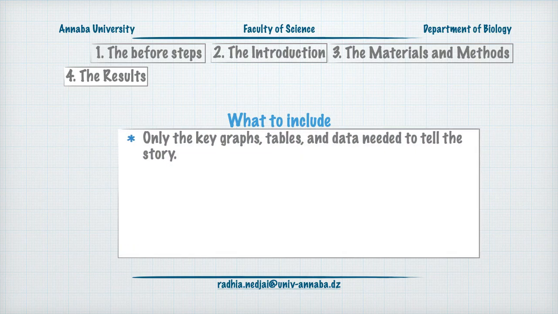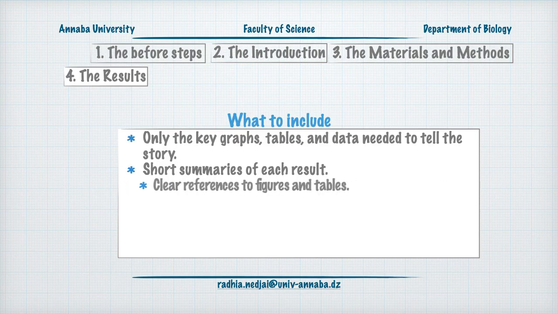While writing the results section, you should include only the key graphs, tables, and data that support your research story. Each result should be briefly summarized with clear references to the corresponding figures or tables.